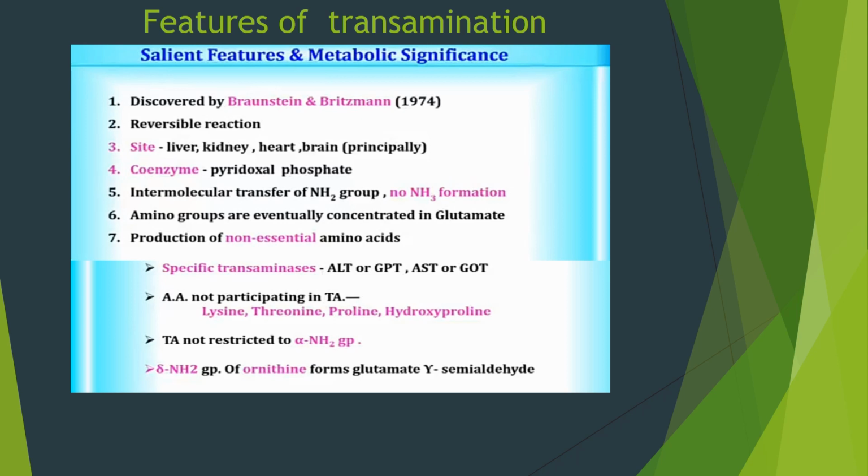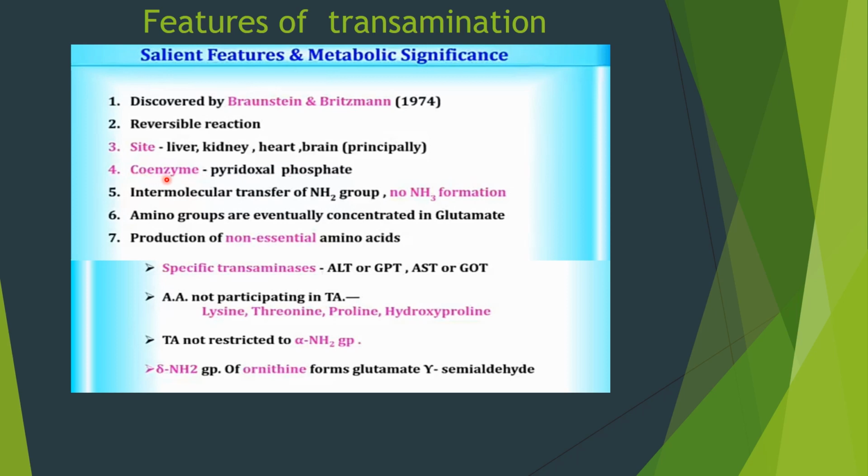Now we discuss the various features of transamination. This reaction was discovered by Braunstein and Kritzmann in 1974. These reactions are reversible. They mostly occur in liver, kidney, heart and brain.